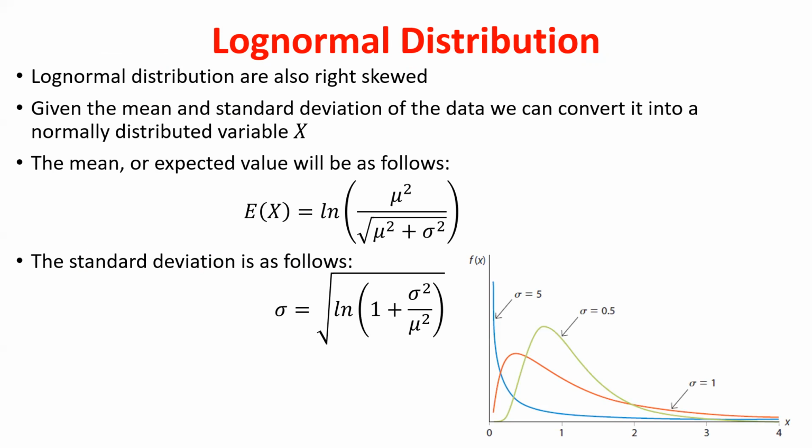So if it makes a little more sense here, you're finding the expected value or the mean of x and the standard deviation of that normally distributed variable x. So the means and the variances you're using here, if you want to, you could write y in there, right?